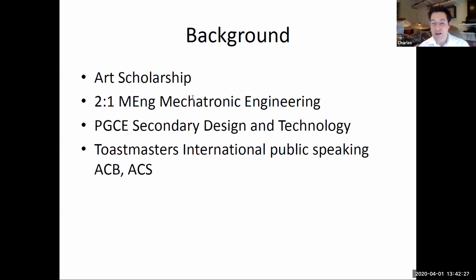Since then, I've bought my own little machine shop, started making things, having a go at lots of different things with lots of different materials. And finally, I'm also a member of Toastmasters International. I'm hoping that while I'm speaking, I'm not going to err, and this is going to be a good, quick presentation.